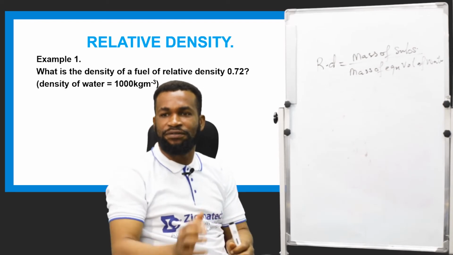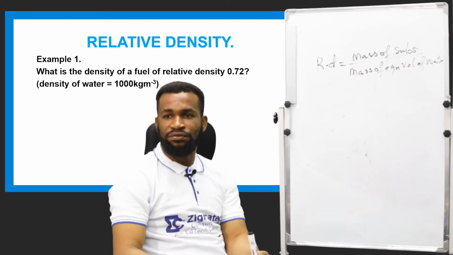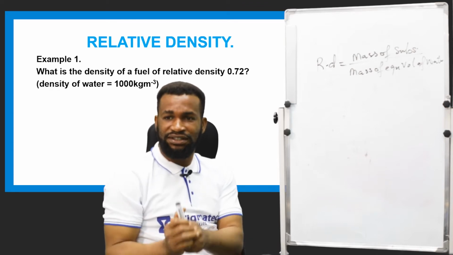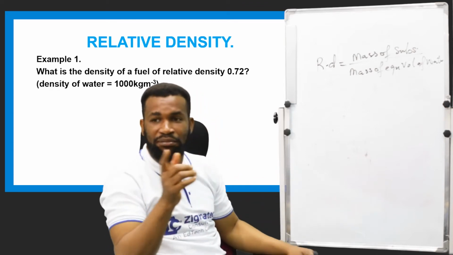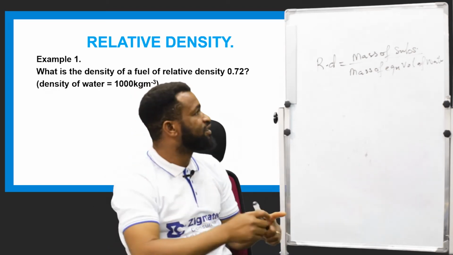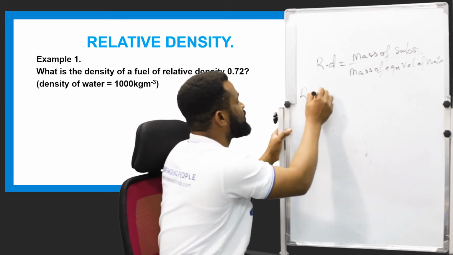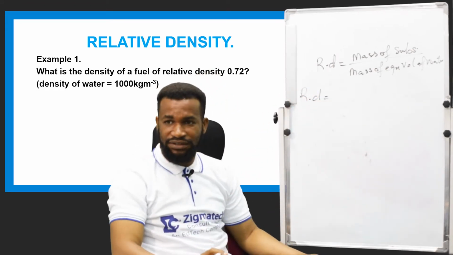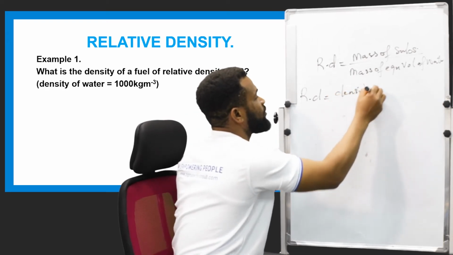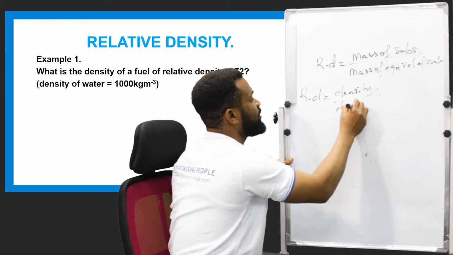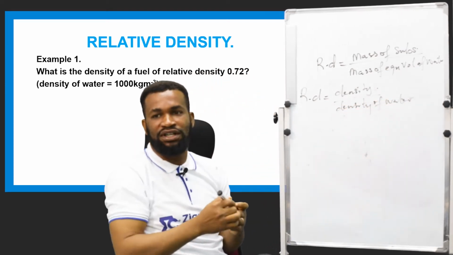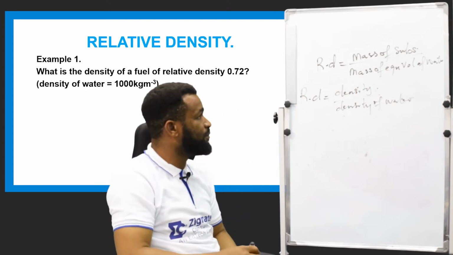Also in this question, there was no mention of mass. Therefore, I'm going to give the second relation of relative density, which says that it is the density of a substance all over density of water. This is going to be the one that will help us truly to solve this problem.